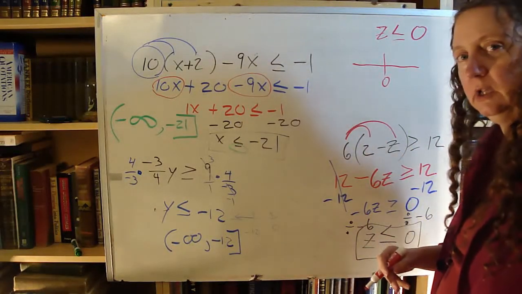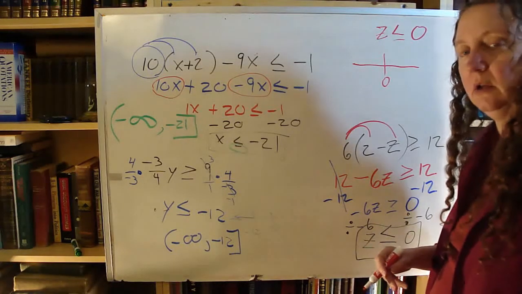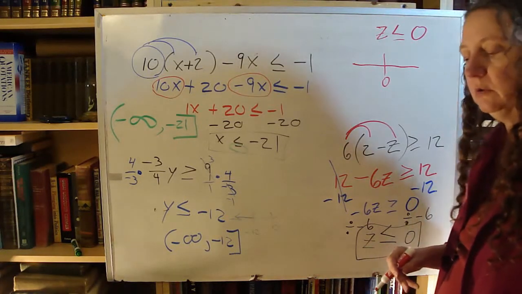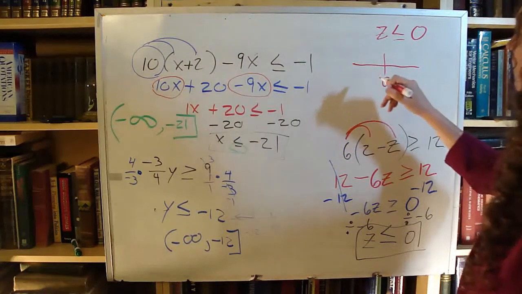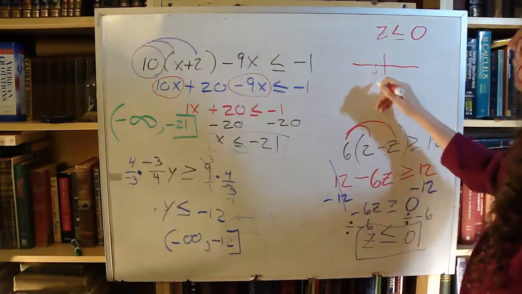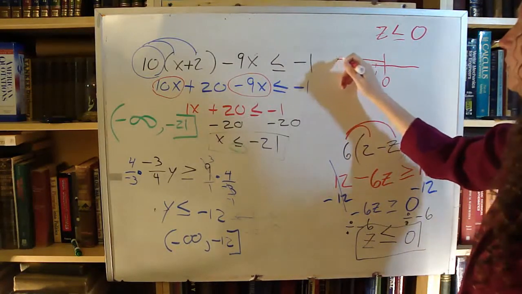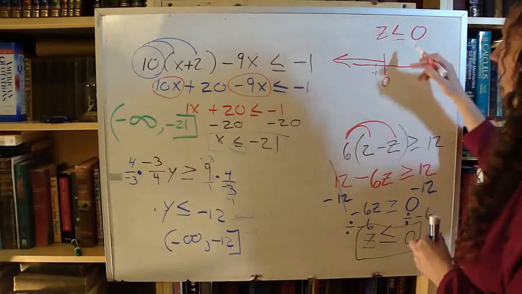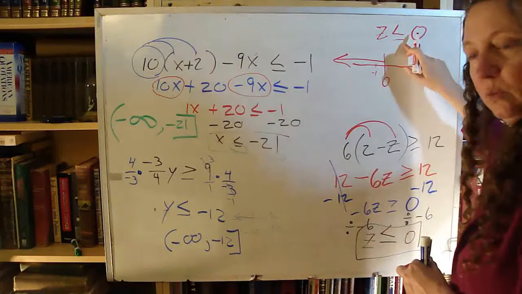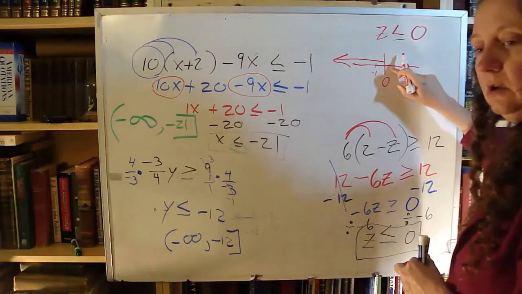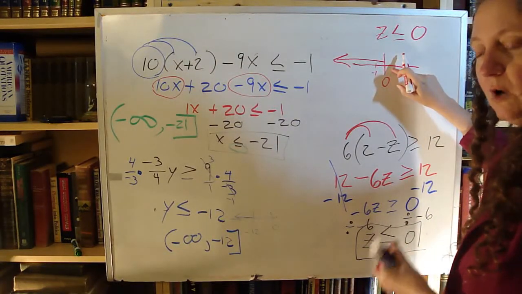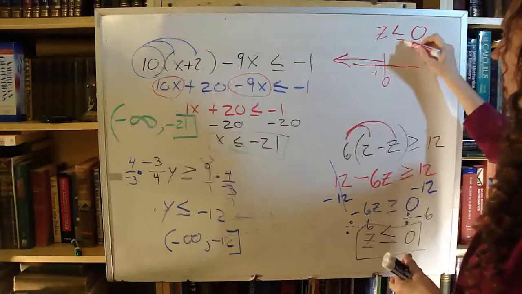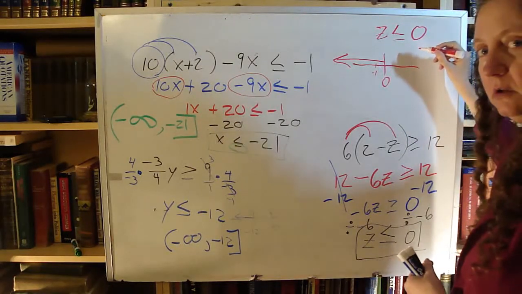No. Is negative 1 less than or equal to 0? Yes. So there's my negative 1. I want my line to go in that direction. Do I end this with a square bracket or round parentheses? It has the equal to part on it.